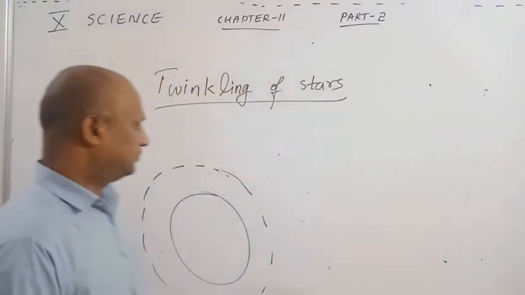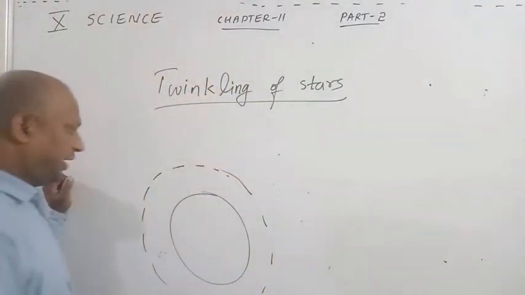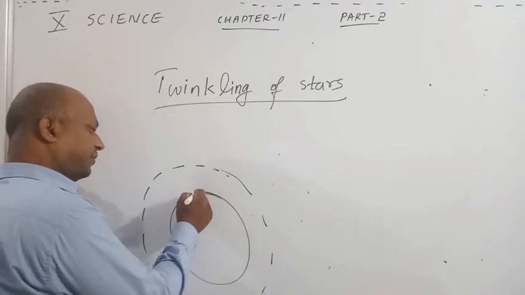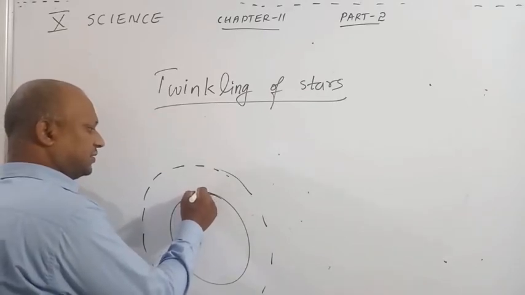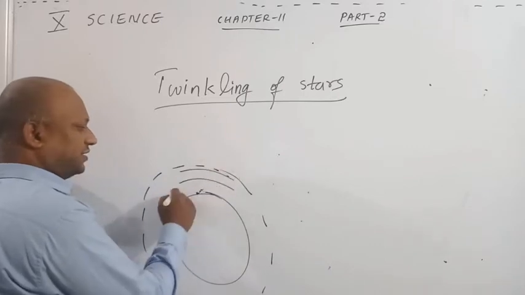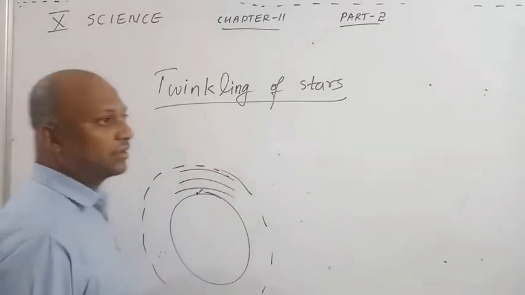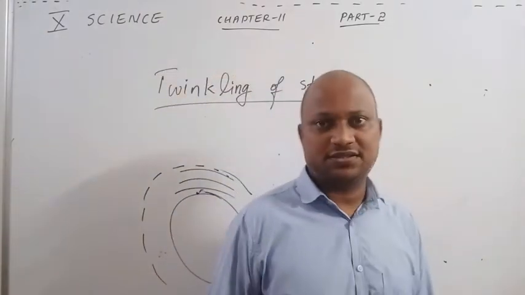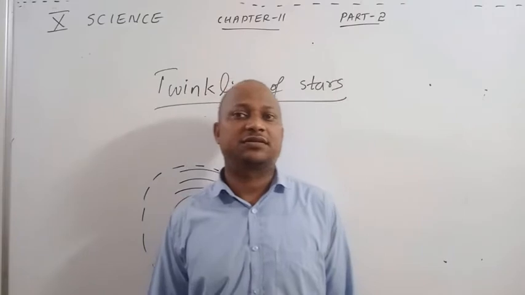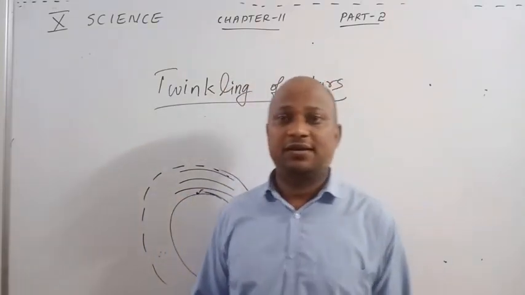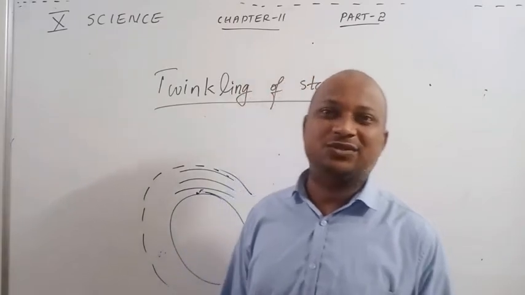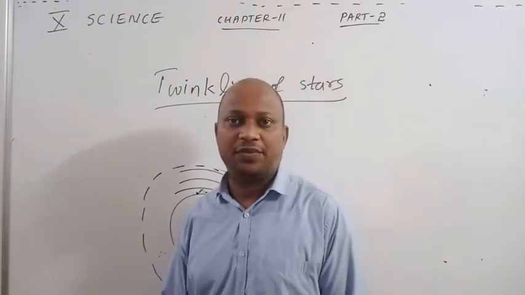So here, as a person looks from the earth's surface, the different layers have different refractive index. At the lower part near the surface of the earth, the refractive index is greater, and at the upper part the refractive index is very, very less. So there is a gradual decrease of refractive index.